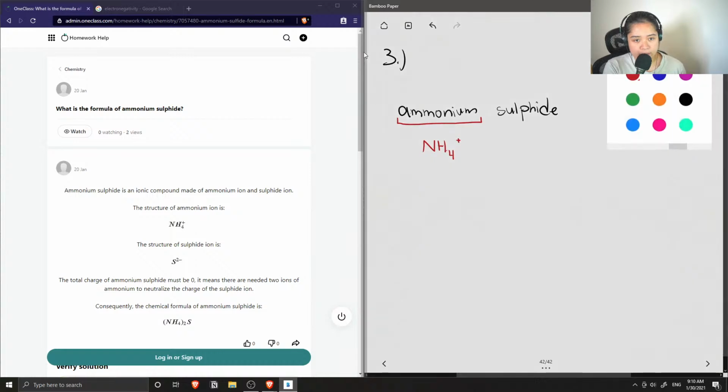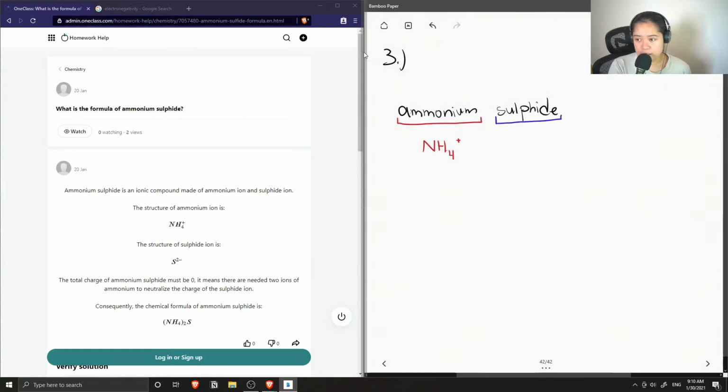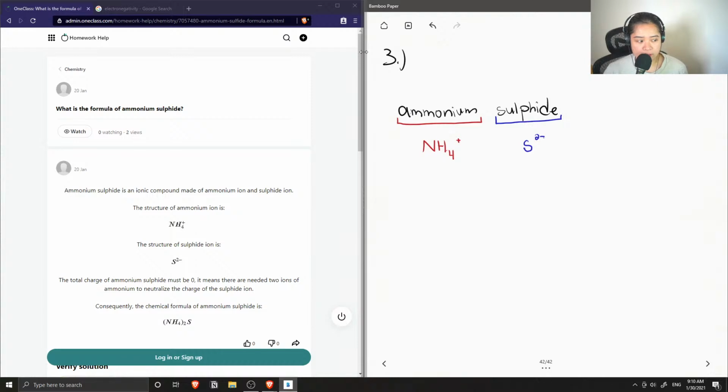NH4+, and sulfur is just a gas, and its oxidation state is -2. So to find the formula of ammonium sulfide, we have ammonium, which has a +1 charge, and sulfur, which has a 2- charge.